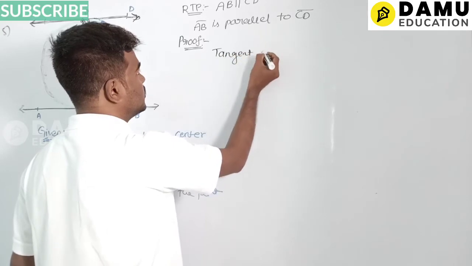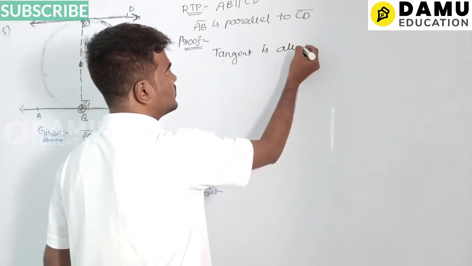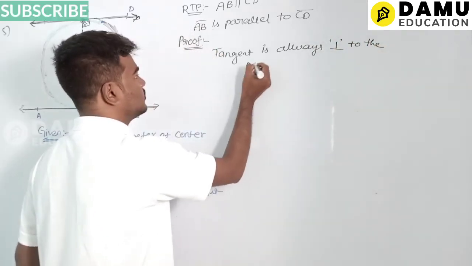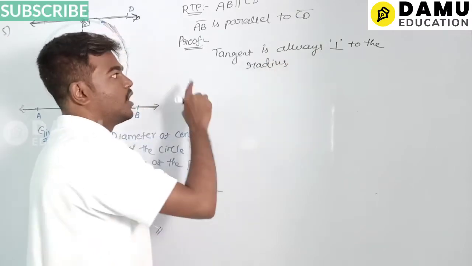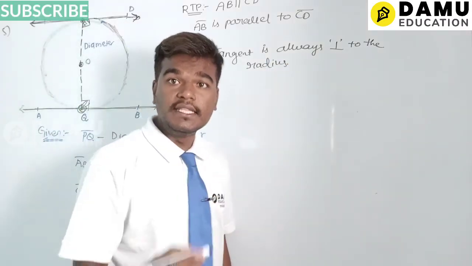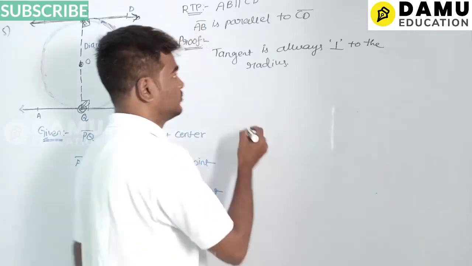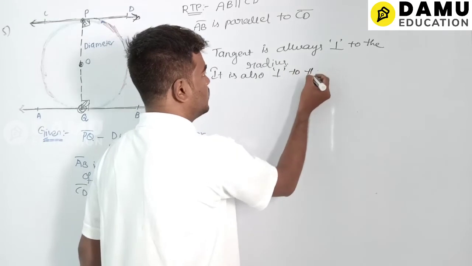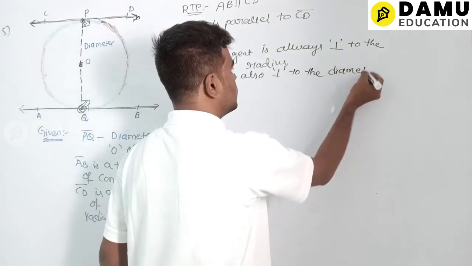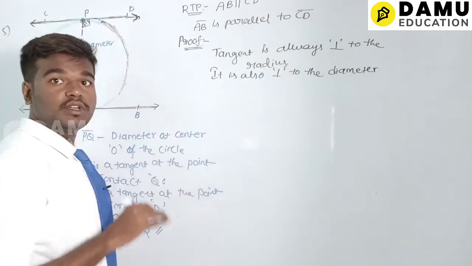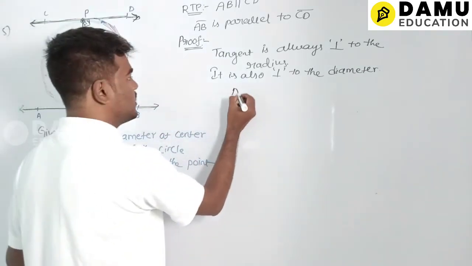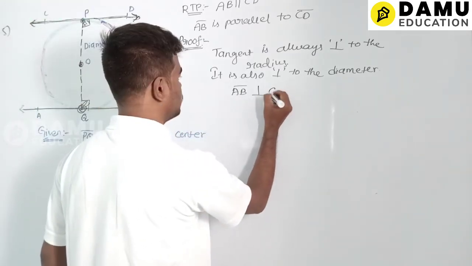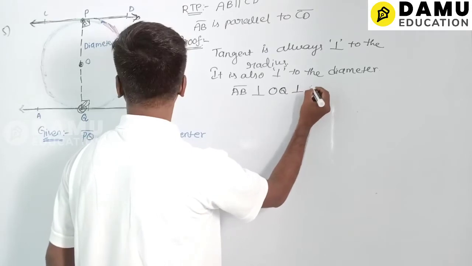So a tangent is always perpendicular to the radius. That means it is also perpendicular to the diameter. So here, let's take AB as the tangent perpendicular to OQ and also perpendicular to PQ.